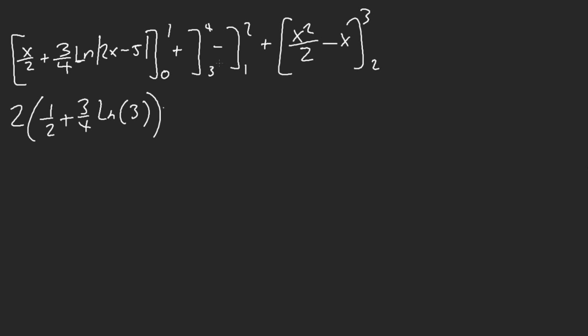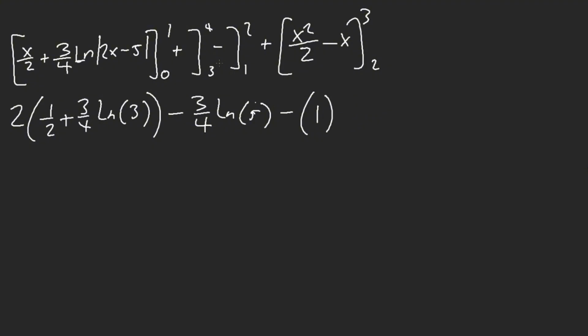Okay? And then minus 0, plugging in 0, you get minus 3 fourths of ln of 5. Let me plug in 2 first because of the 1, so that we don't forget about it. Remember it was minus 2. So we are doing a minus version of 1 plus 3 fourths of, let's see, ln of 4 minus 5, oh wow, that cancels. So that's a 0. So we just have 1.